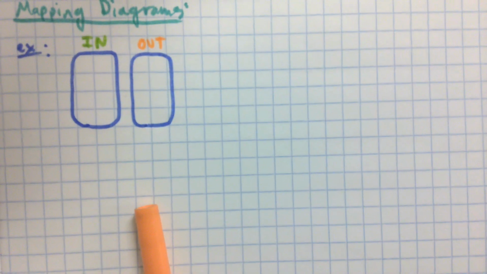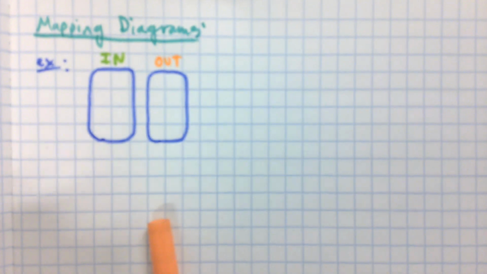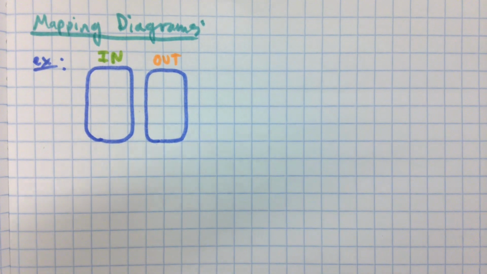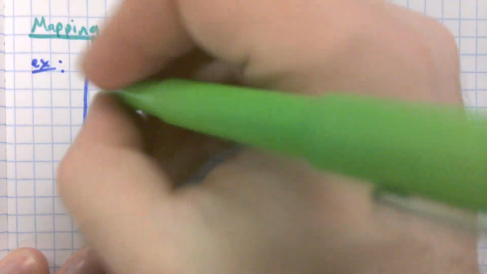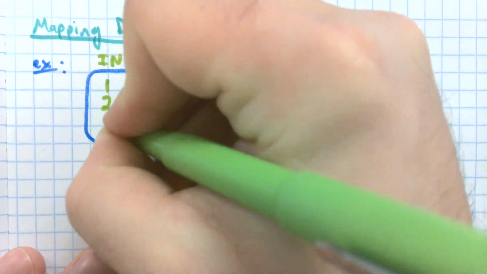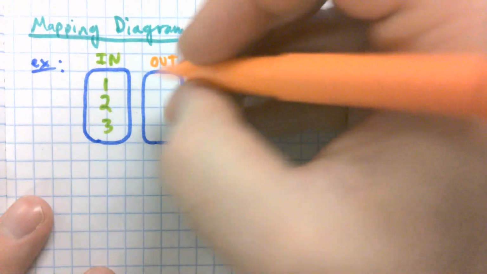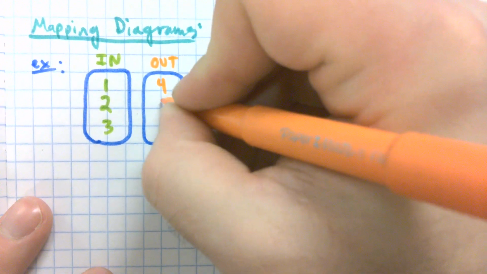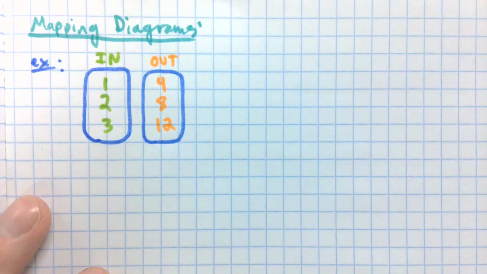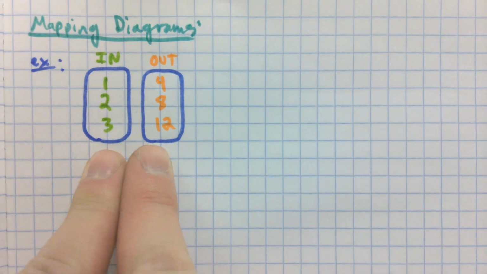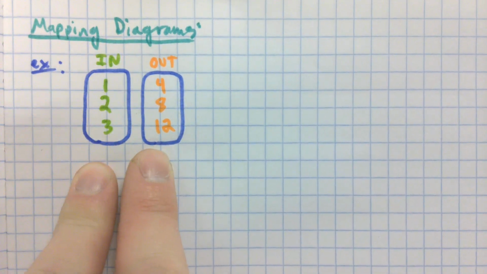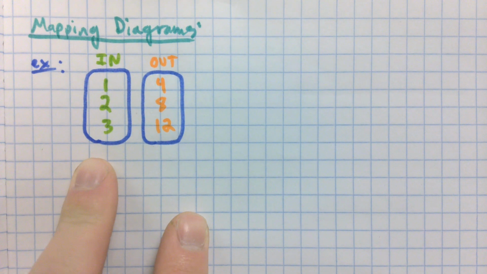A little bubble of inputs on the left, a bubble of outputs on the right. So we've got inputs of 1, 2, and 3, and outputs of 4, 8, and 12. This is basically the same exact thing as a table, where the left side is your x, the right side is your y.